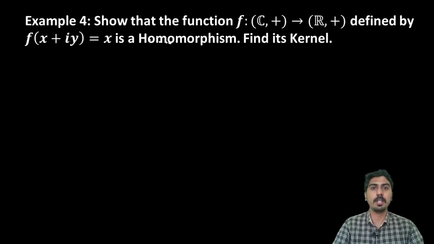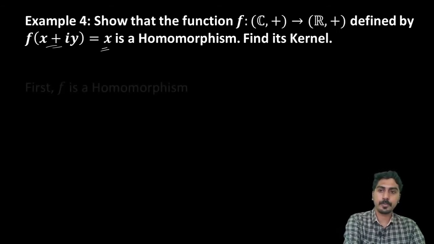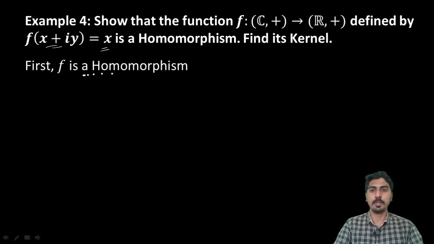Consider the next example. Show that the function f from C plus to R plus defined by f of x plus iy equal to x is a homomorphism, and also find its kernel. Here the complex number is mapped to the real part of that number. First, f is a homomorphism.